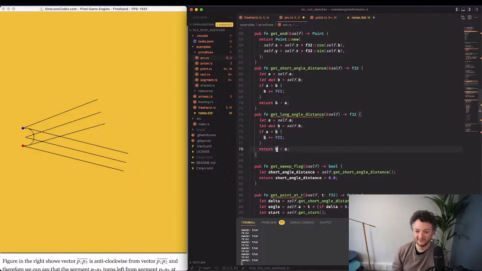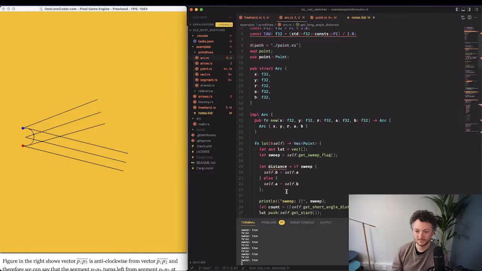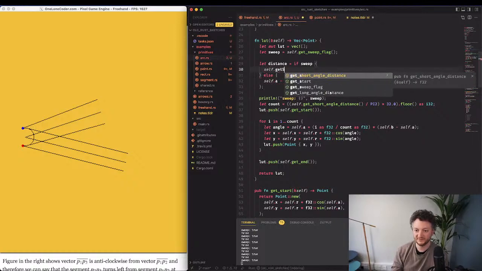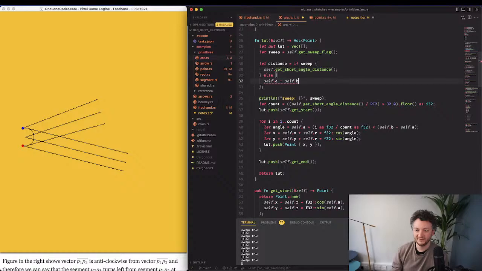And then in this case, we want to say B is greater than A, A minus B. Not sure. Self dot get short angle distance. Otherwise, self dot get long angle distance. That still might not be right.